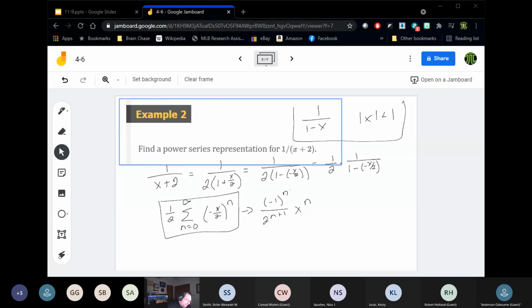So now I've got this negative x over 2. The absolute value of that has to be less than 1. So that becomes the absolute value of x has to be less than 2.